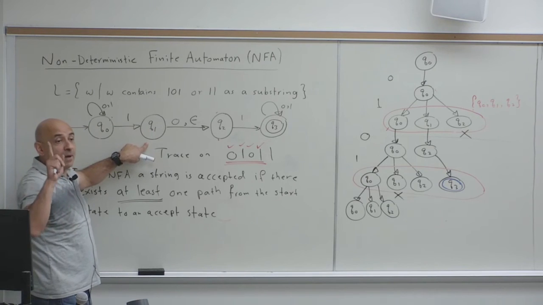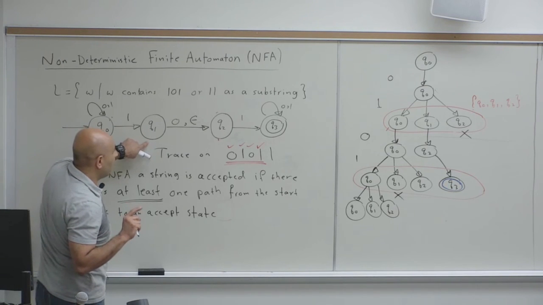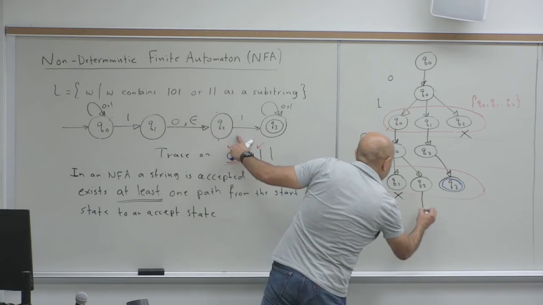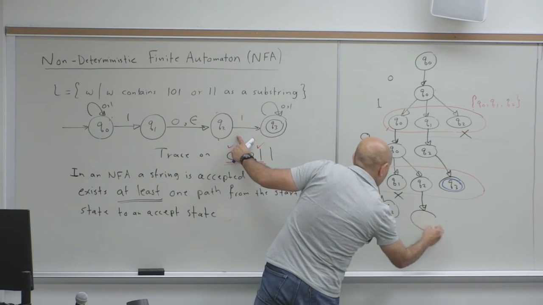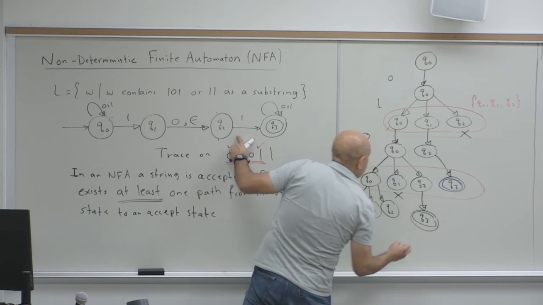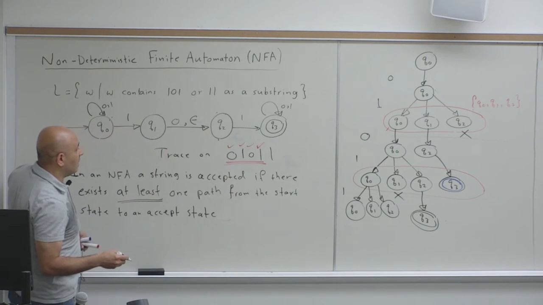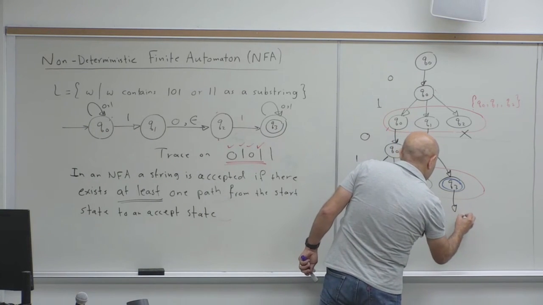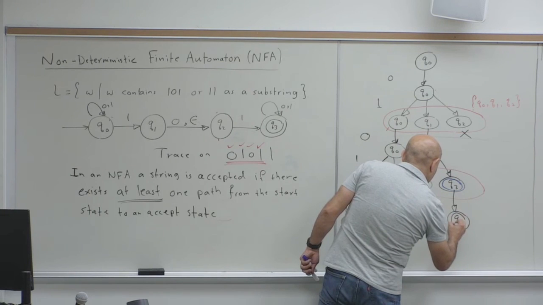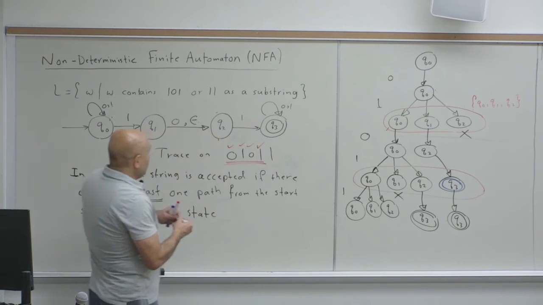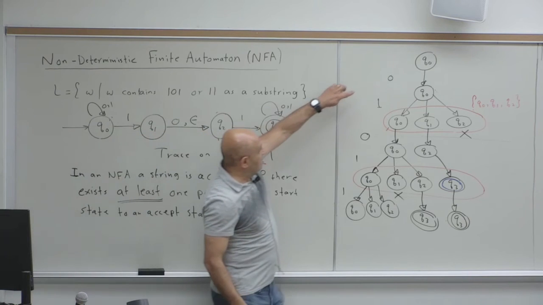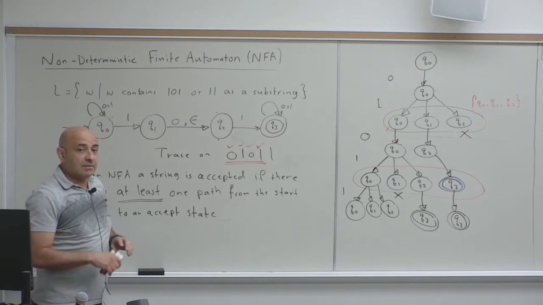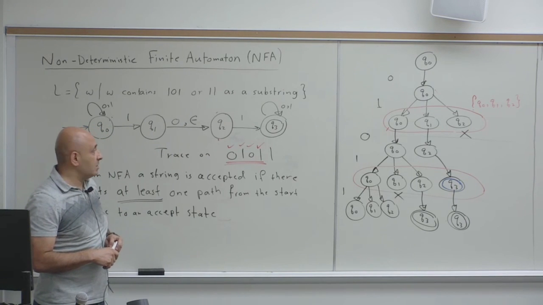I only need one good path that takes me to an accept state. If you are in Q2 and you get a 1, this takes you to Q3, which is an accept state. And if you are in Q3 and you get a 1, you go to Q3. So again, this tells you that the string 01011 is also accepted. It also belongs to the language.